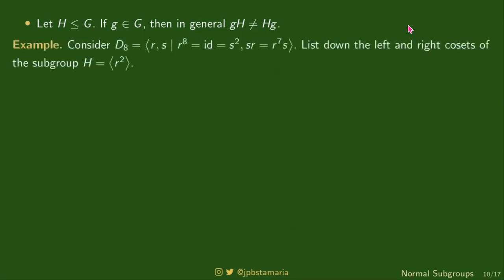Di ba? As an example, explicit example, bigay tayo ng group na D sub 8, the dihedral group of the regular octagon. Pag regular octagon, I don't know kung ilang degrees yan, basta think of it this way.